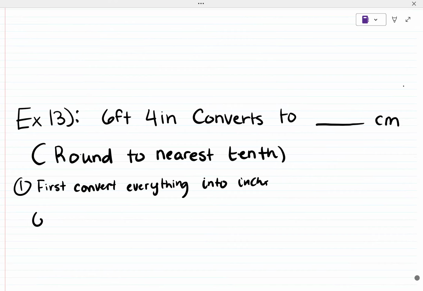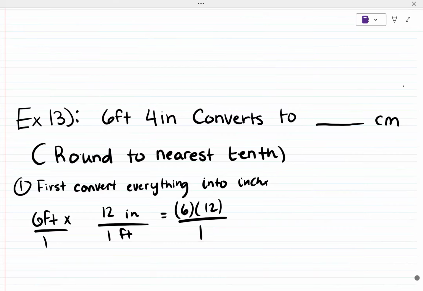Okay, so 6 feet times feet on the bottom, inches on the top. We know that 1 foot is 12 inches. And then 6 times 12 over 1, which is 72 inches, plus 4 inches, that's 76 inches.